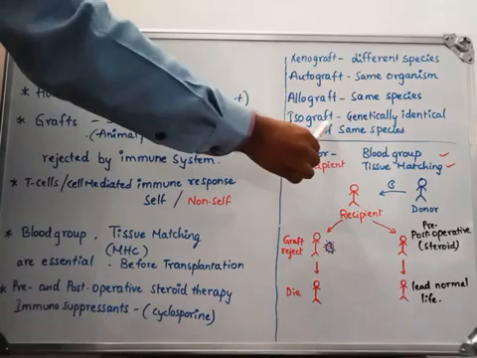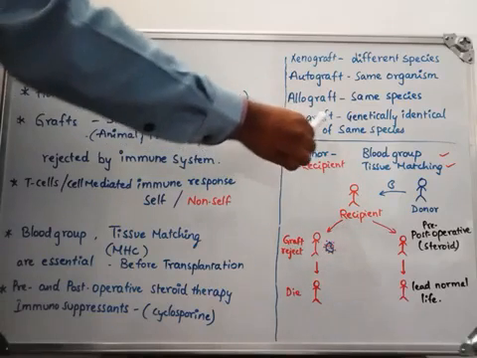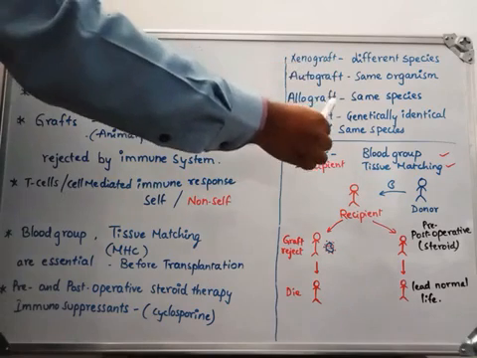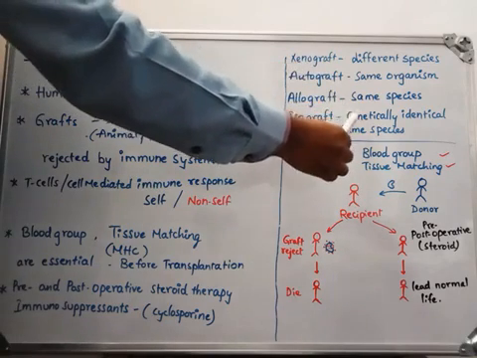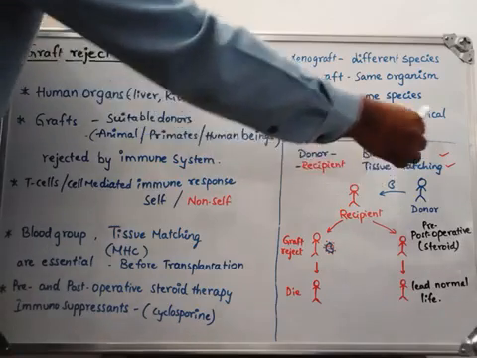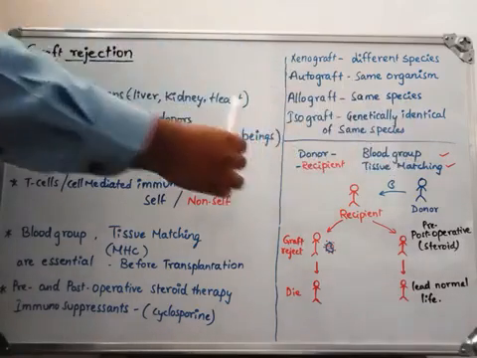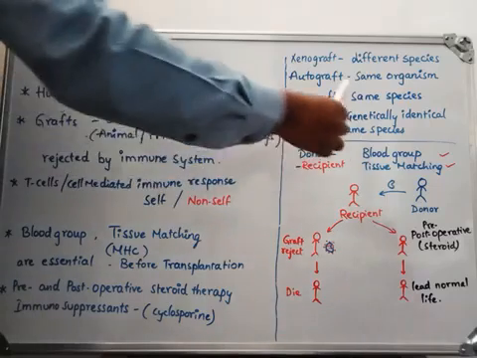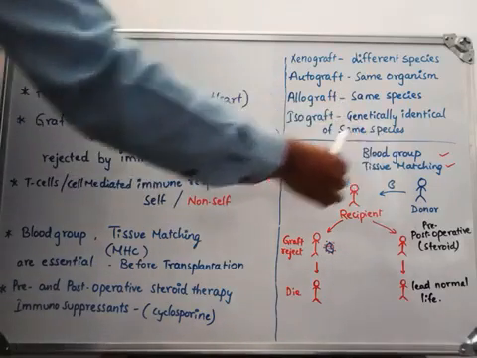Then an isograft is a graft between individuals who are genetically identical, like genetically identical twins. They are related to the same species also.